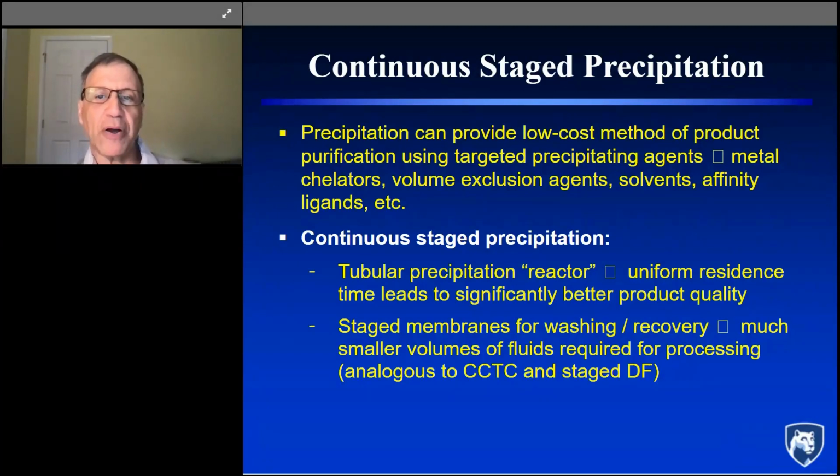And thus, we've been looking at the design of targeted precipitation processes that could potentially be used for initial clarification as well, or initial purification, as well as concentration of monoclonal antibodies directly after clarification, leaving a bioreactor system.